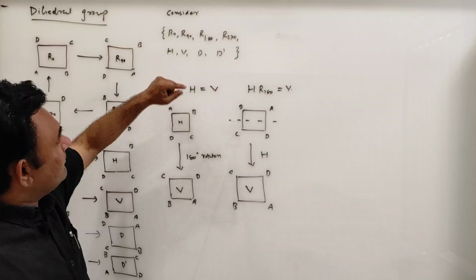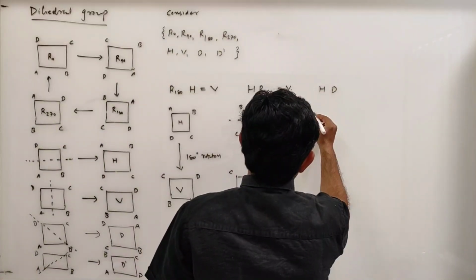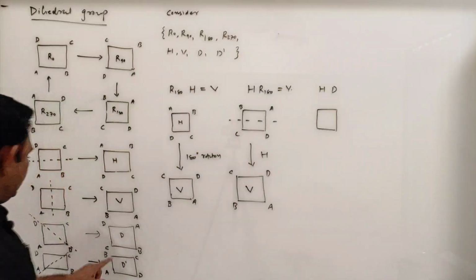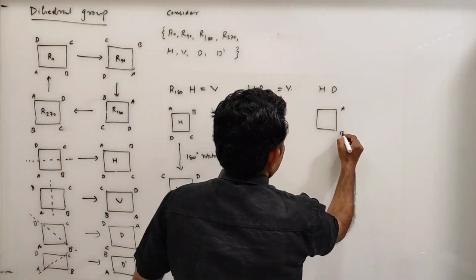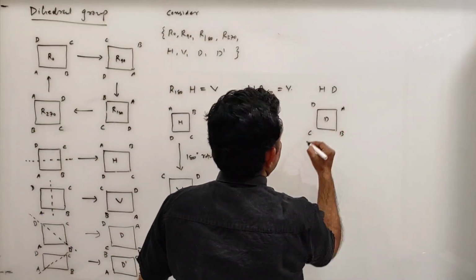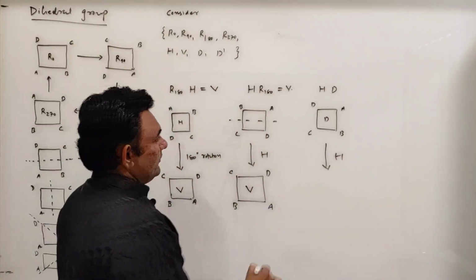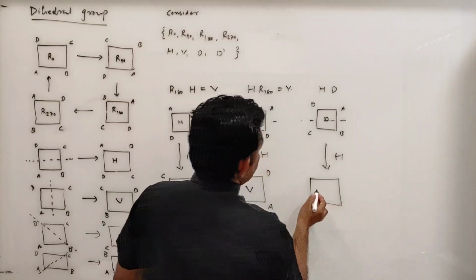Okay, now let us consider one more. Let us find just HD. So what is HD? You start with position D. D is A, B, C, D. Now you apply H, horizontal reflection. So you consider a horizontal line and you just take the reflection.